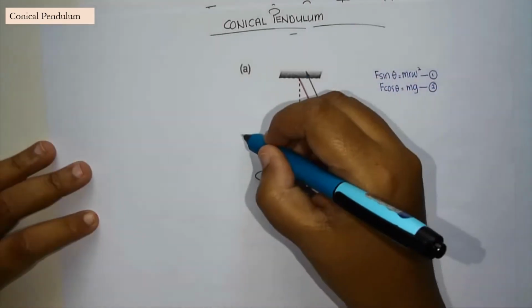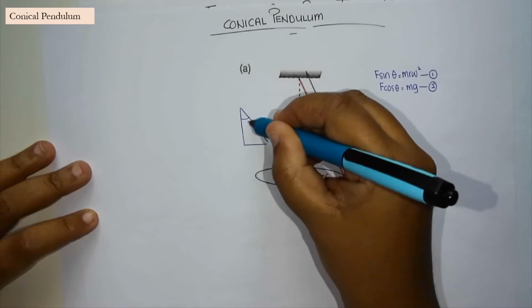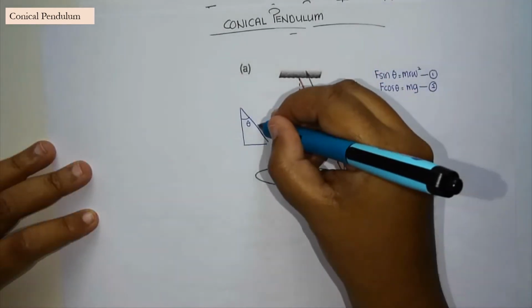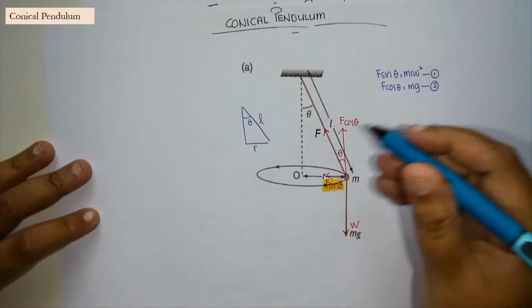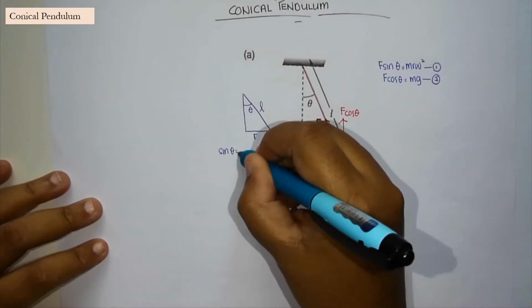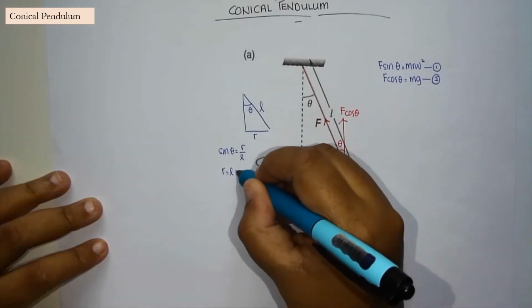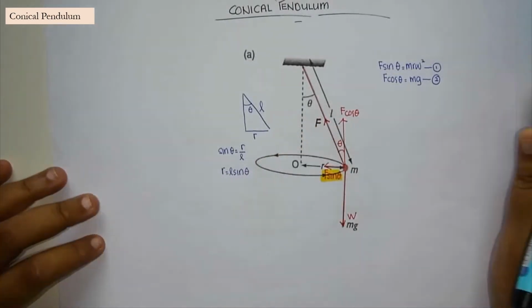So if I draw this triangle, this will be theta, this will be L, this will be r. Correct? So sin theta is r over L, so r is L sin theta. This is all additional.